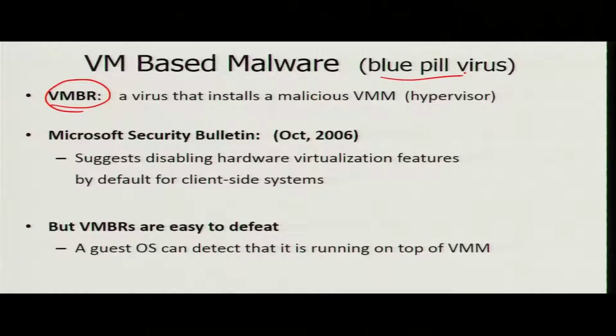Once it was shown, Microsoft actually asked people to disable hardware virtualization features on the client side system, because this was quite an effective technique, and there was a lot of controversy around this, and the authors of the blue pill virus were challenged to show that this can be detected.